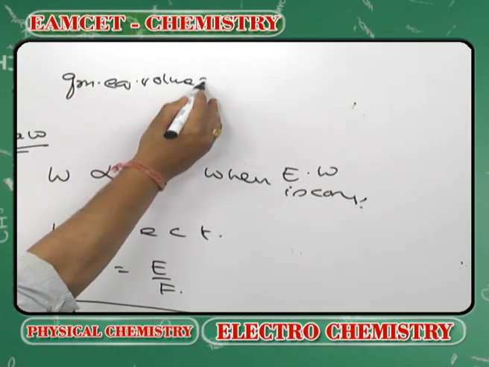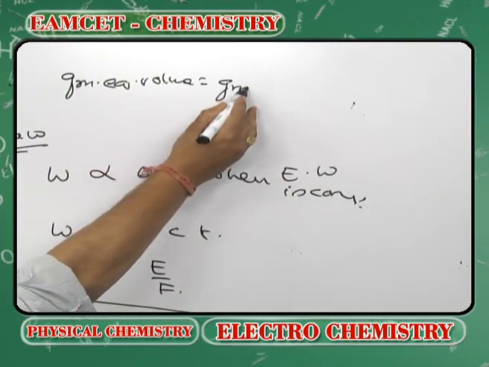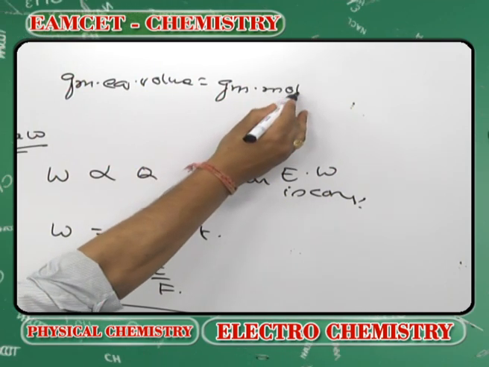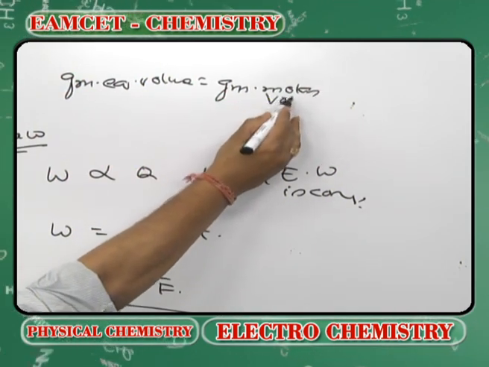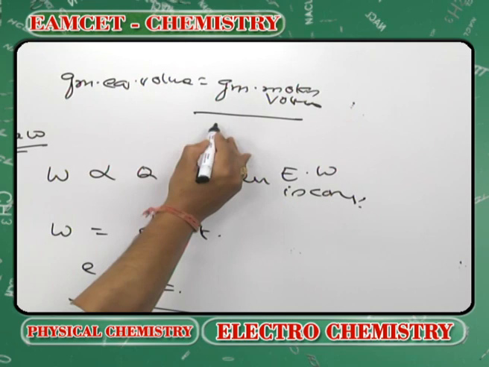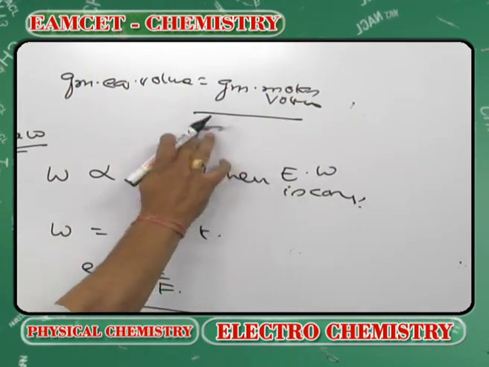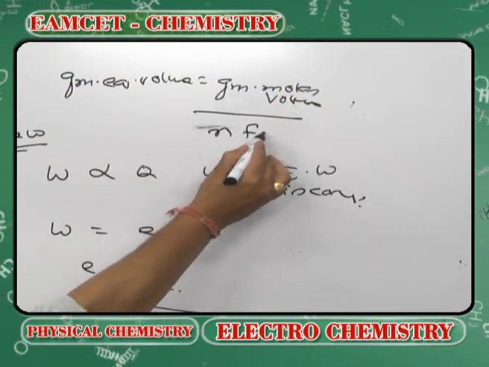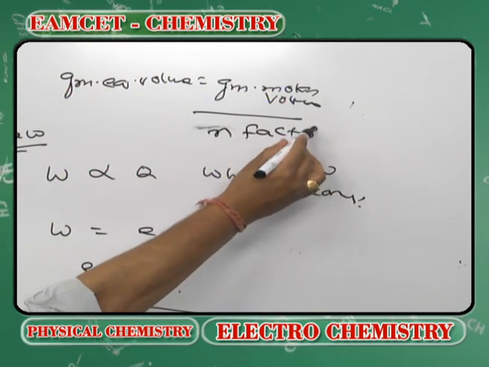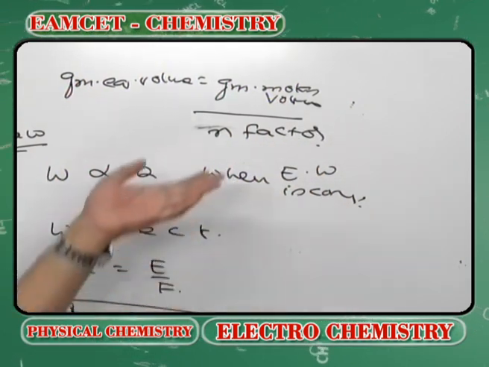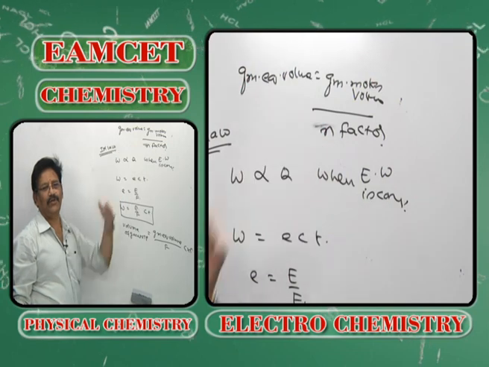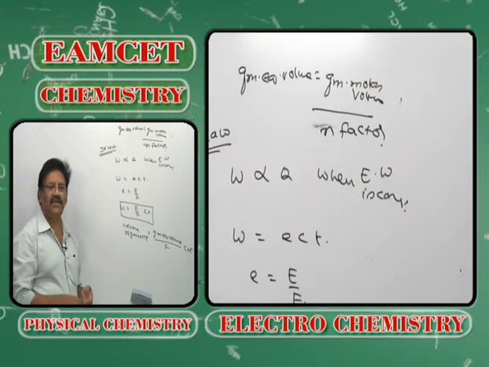By definition, gram equivalent volume is equal to gram molar volume by N factor. What is meant by N factor? By definition, N factor is equal to molecular weight by equivalent weight.